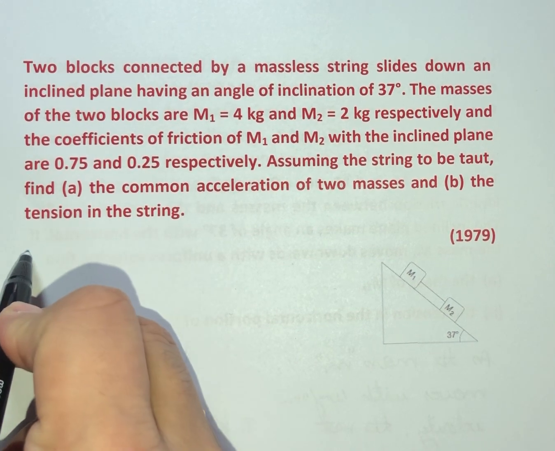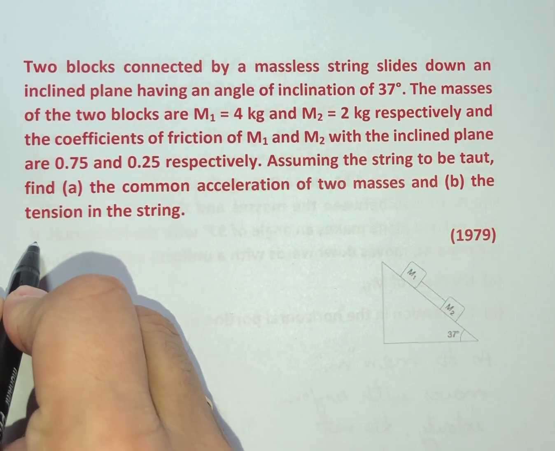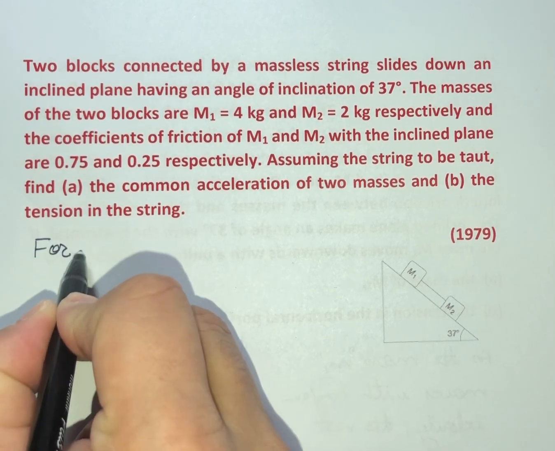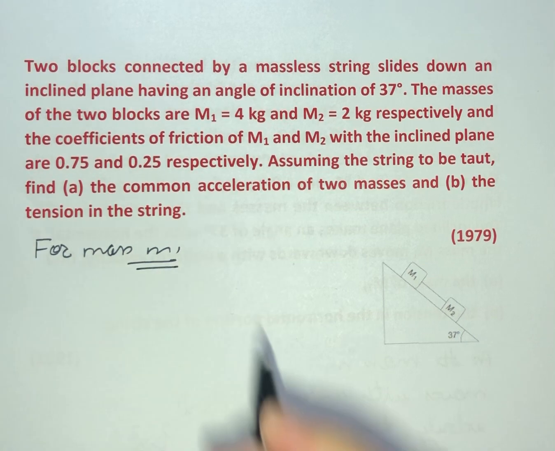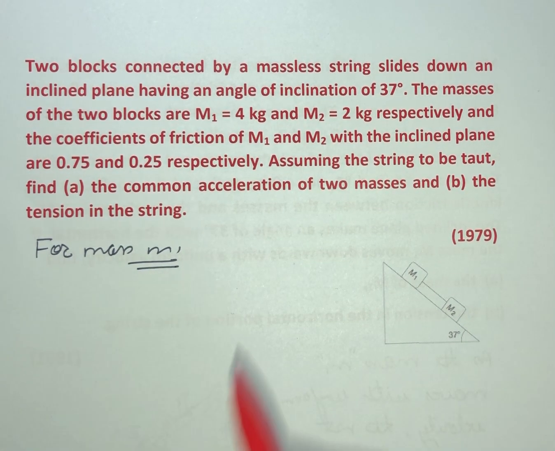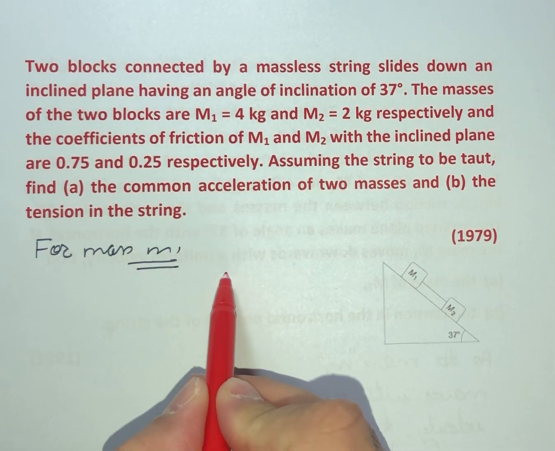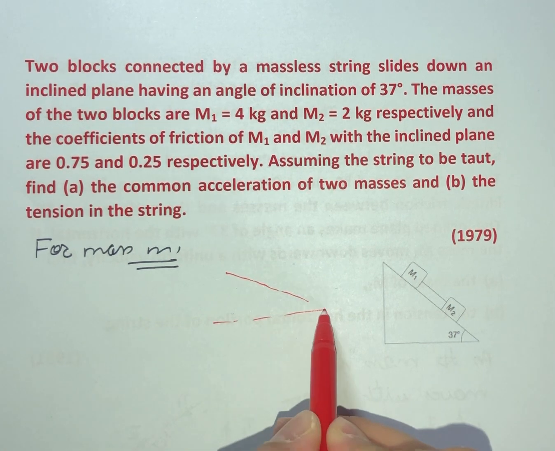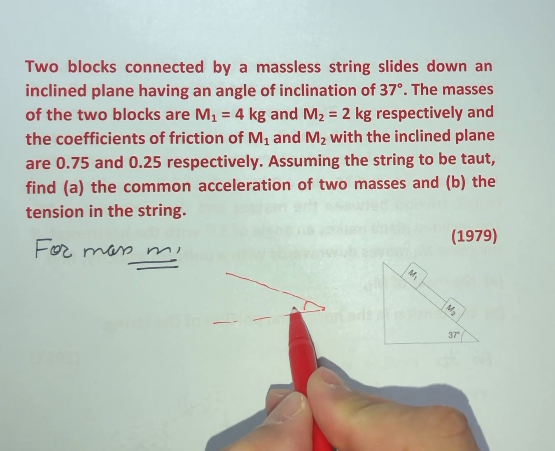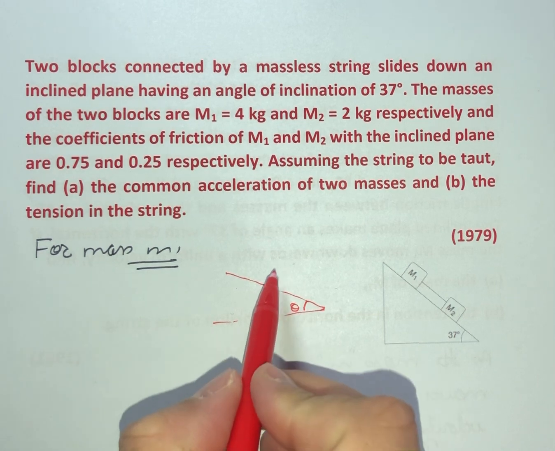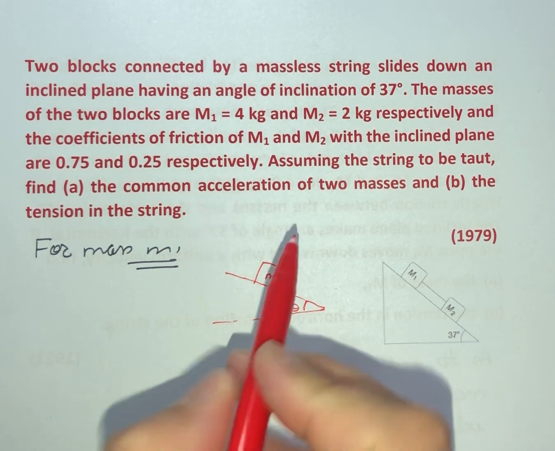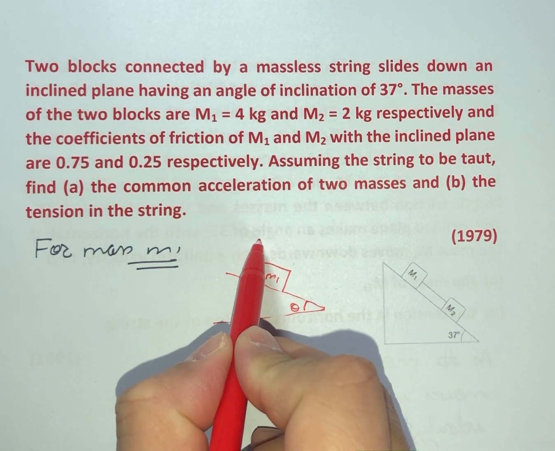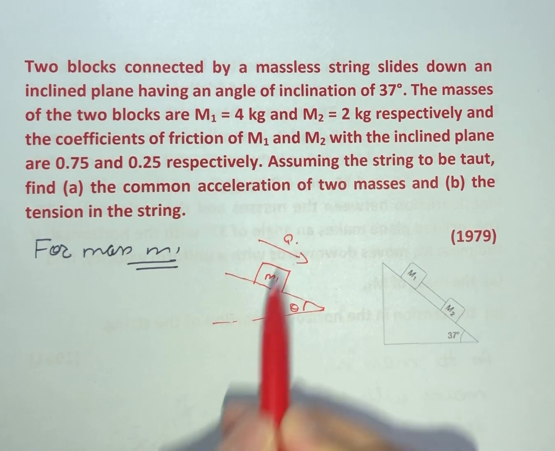Say for mass m1, it is on an inclined plane. Let us suppose this is theta, which is 37 degrees, and we have mass m1 moving in the downward direction with acceleration a.